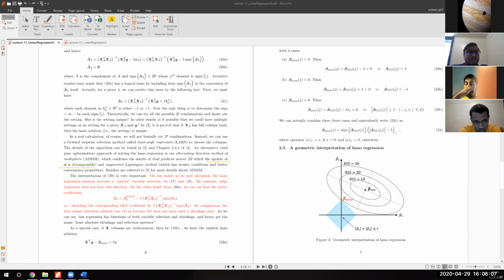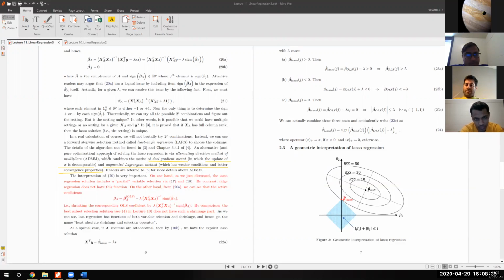The second thing comes from the dual descent and dual gradient ascent methods. The second thing is the ALM, the augmented Lagrangian method, which has a weaker condition and better convergence property. For the first part, it needs to be strongly convex, and it has a serious problem that if the problem is not strictly convex, then you may not be able to do this.